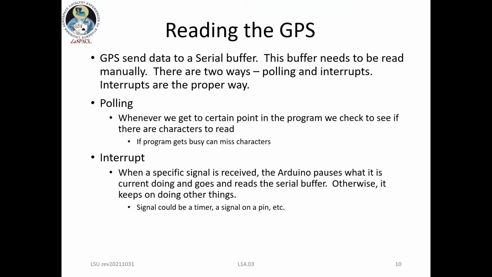So that means every time I get to that part of the loop function, I would go see if there's a character available to read. The problem with that is my program may be busy doing other stuff, or I may not want to constantly be checking the serial port because I want to do other stuff with my program.